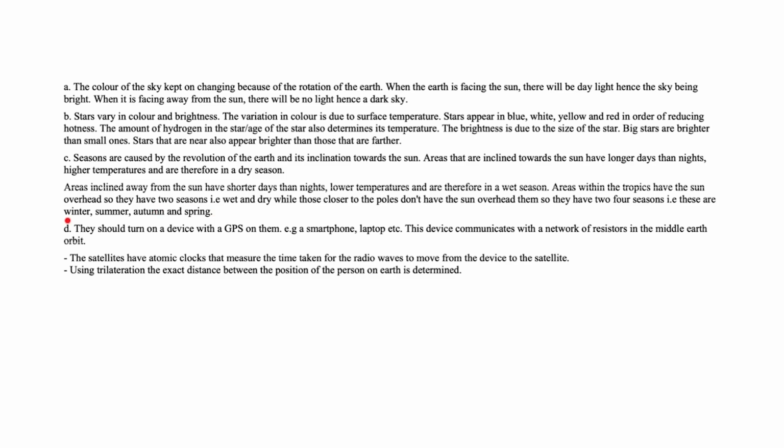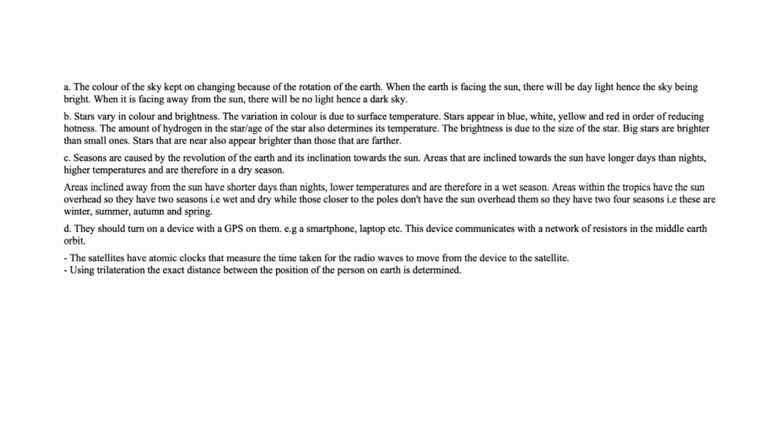Then you are meant to say for part D, they would turn on a device with a GPS on it, e.g. a smartphone, a laptop. This device communicates with a network of satellites in the middle Earth orbit. The satellites have atomic clocks that measure the time taken for radio waves to move from the device to the satellite.